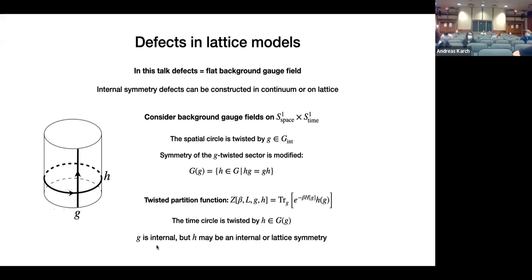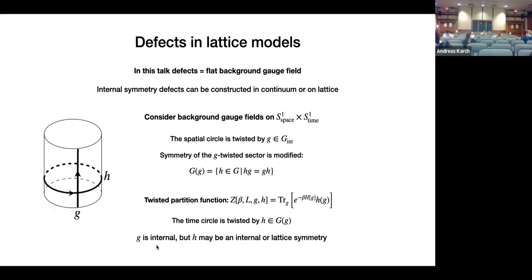Okay. And we can discuss a twisted partition function, which is the trace of e to the minus beta Hamiltonian evaluated in this twisted sector, but we are also allowed to insert H in the time direction, just an operator inserted into the trace. Again, this H has its H of G because this symmetry could be modified in the presence of a G twist. Okay.